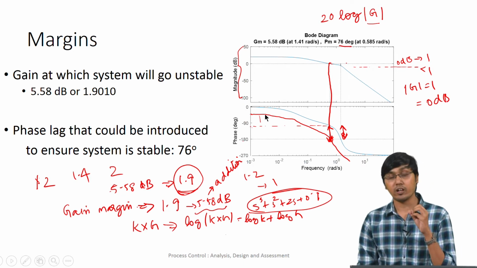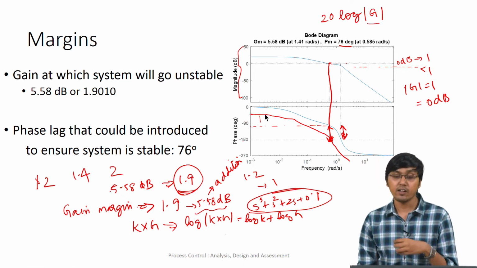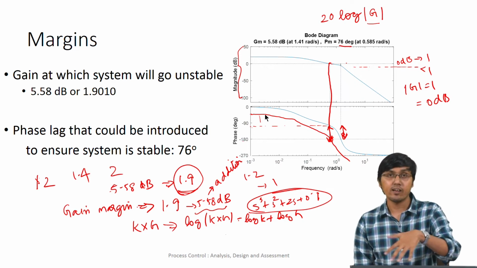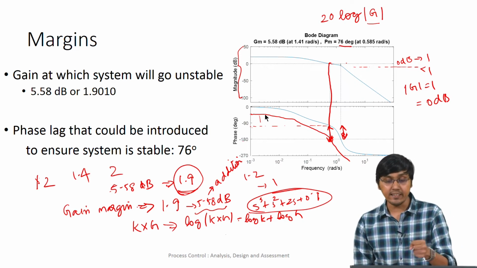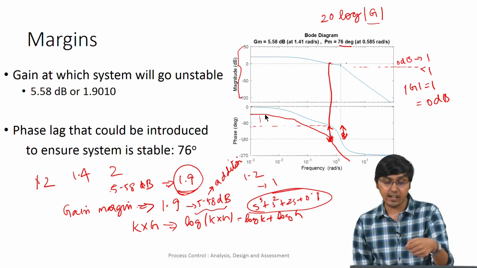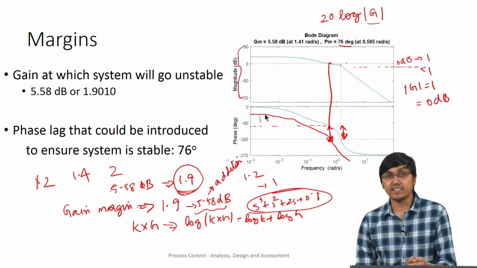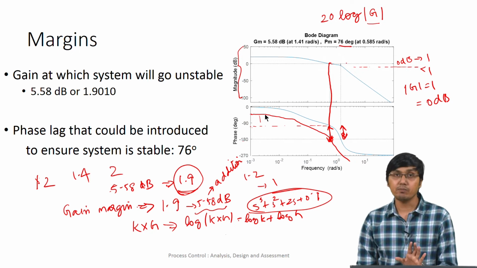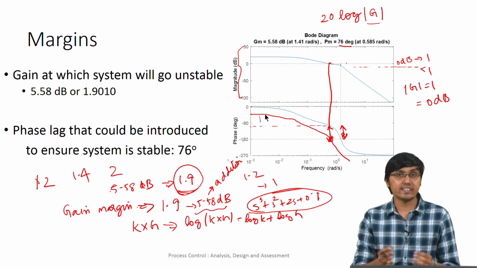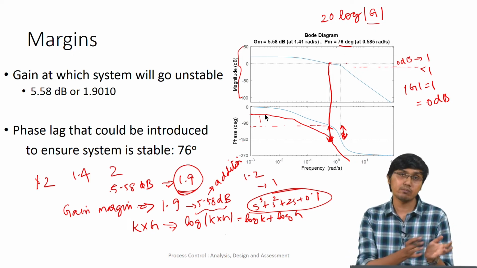If you made a mistake in modeling, or if you introduce some other component which introduces a phase lag without changing the amplitude, then only if you introduce a phase lag of 76 degrees will the system become unstable. So I can make a mistake of, say, 10 degrees phase lag, and the system will still be stable.